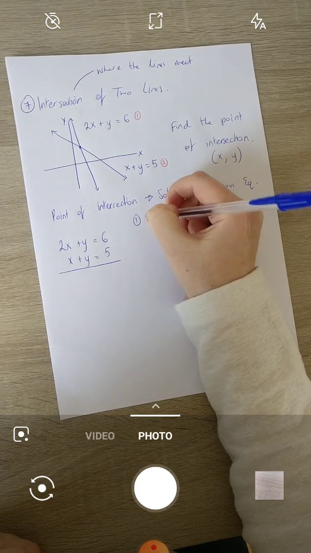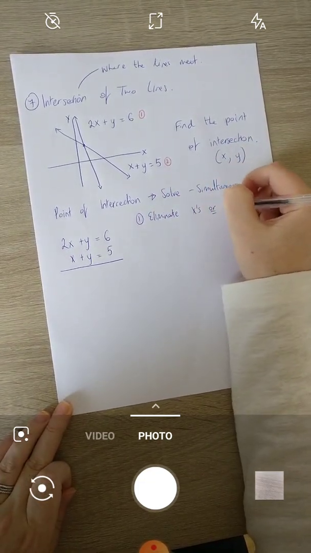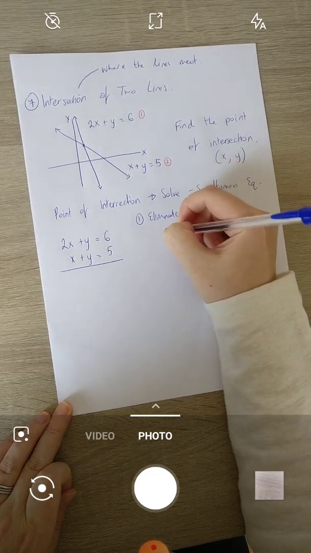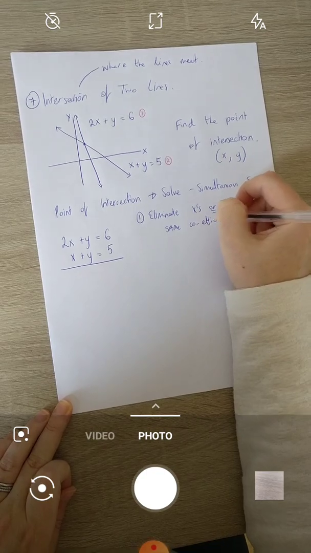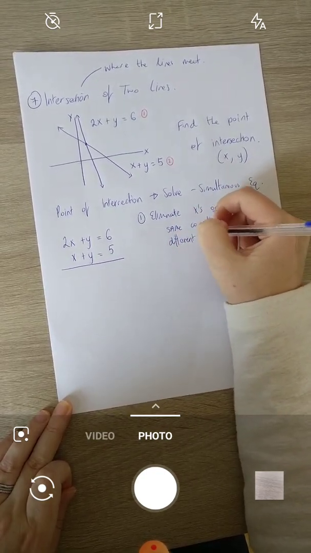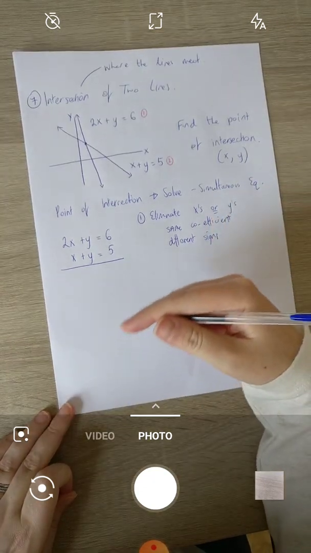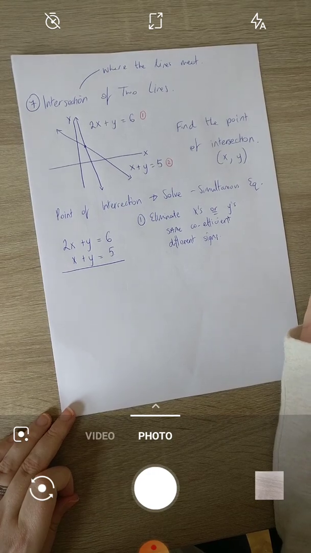Okay, for us to eliminate either the x's or the y's, we need to have the same coefficient. Okay, and we need to have different signs. And think about why that is. You know, minus 3x plus 3x is 0. So you'd be able to eliminate the x's.